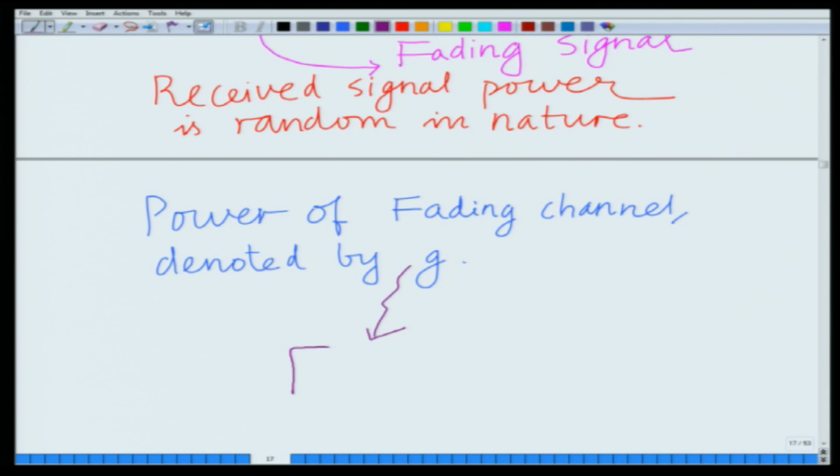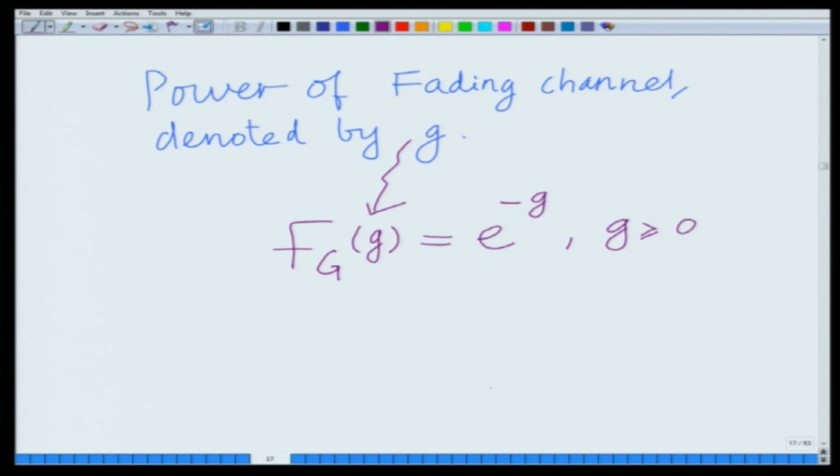This is random, as we said, the received signal power is random. This is characterized by the exponential probability density function e to the power of minus G for G greater than or equal to 0, which is, as we have seen in the previous module, the exponential probability density function.